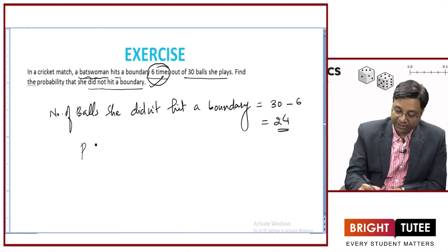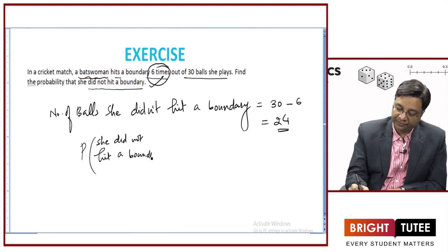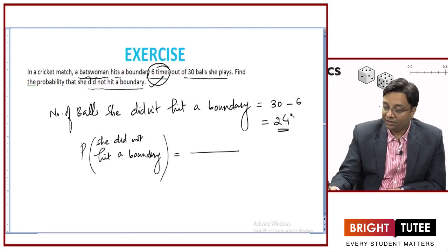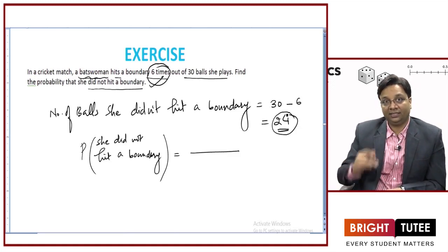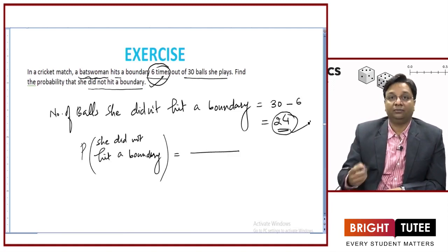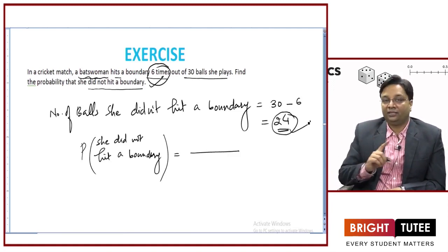So the probability she did not hit a boundary will be equal to the number of times the event happened. In this case, what is the event? Not hitting a boundary. So 24 times out of 30 she did not hit a boundary.